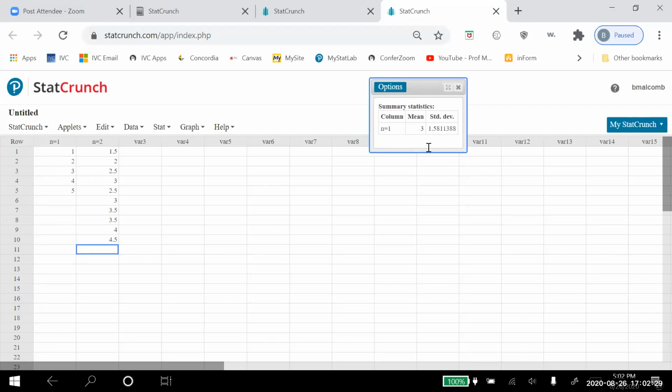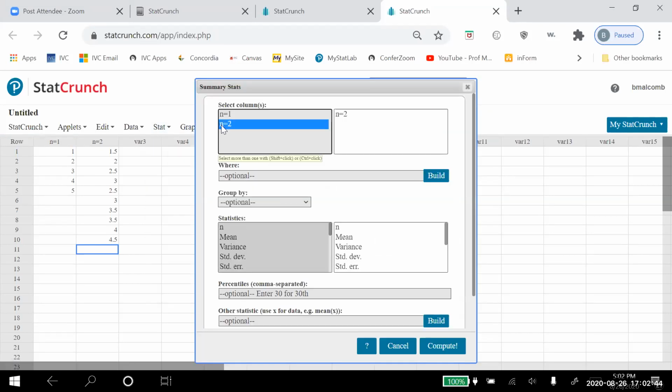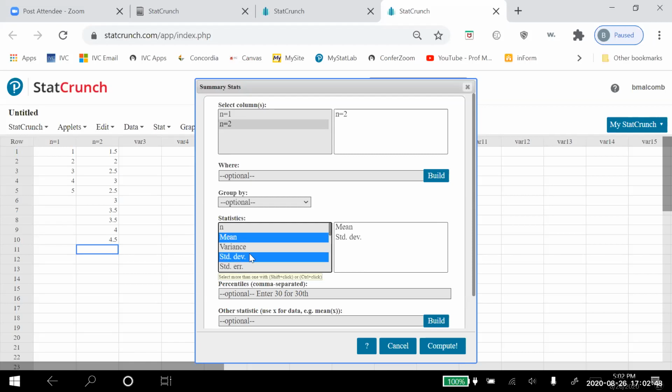Okay, that's interesting. Well, let's look and see what happened when I did a sampling distribution. Let's look at the mean and the standard deviation here as well. So back into Stat, Summary Statistics, Columns. This time I'm going to do n2, and the same thing: just the mean and standard deviation.